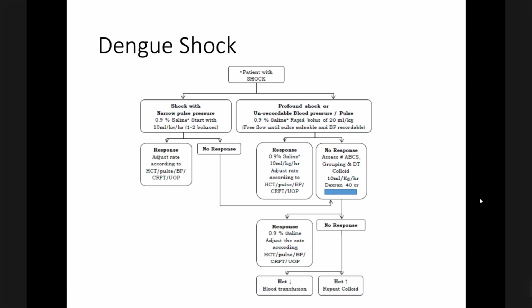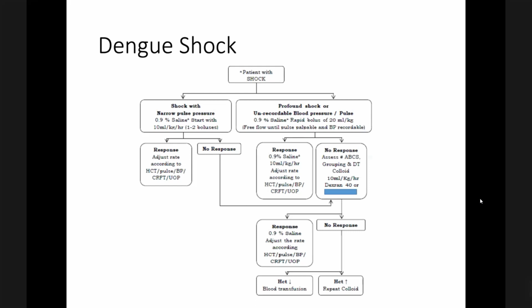But we will focus more on the left hand side, that is profound shock, where you have tachycardia, capillary fill time is prolonged, and the blood pressure is unrecordable. If that is the case, you again do the airway breathing circulation part, put large bore cannulas.